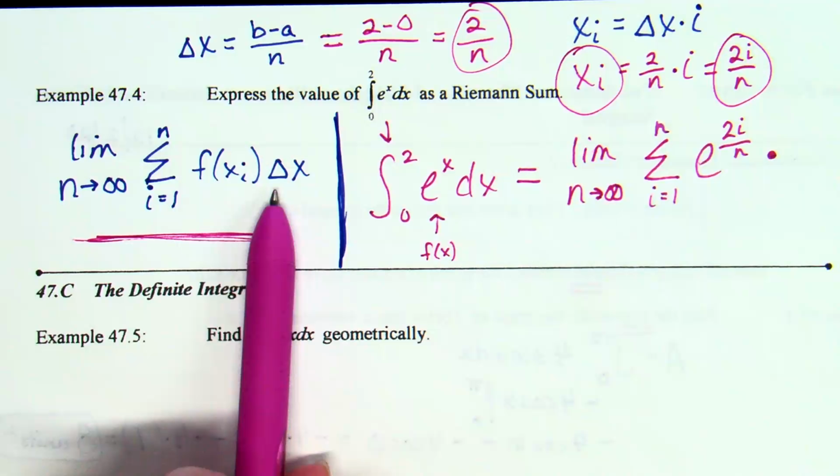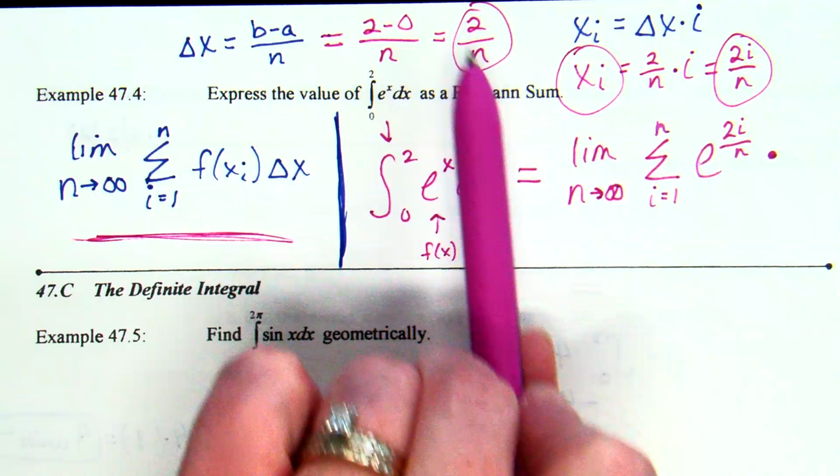So it's e to the 2i divided by n, times, and then notice it's times delta x. And what was delta x? 2 over n.